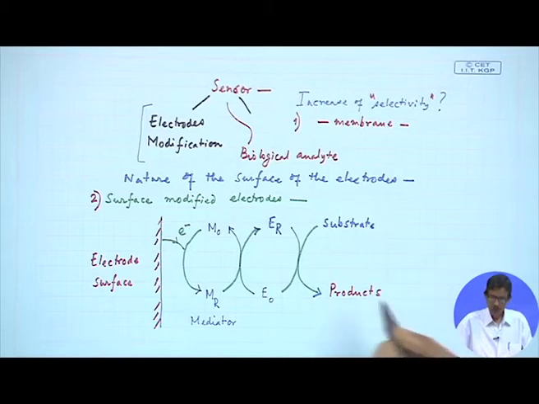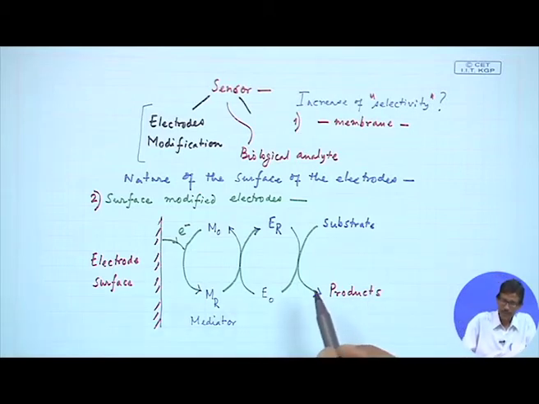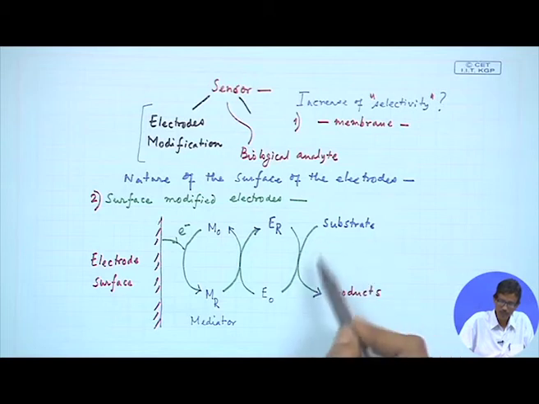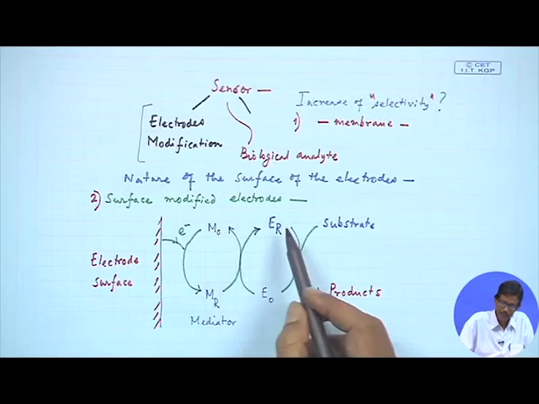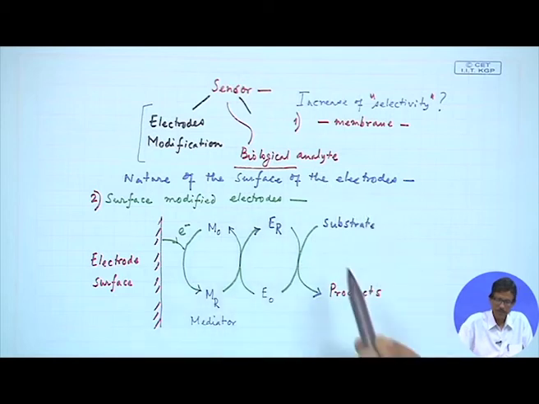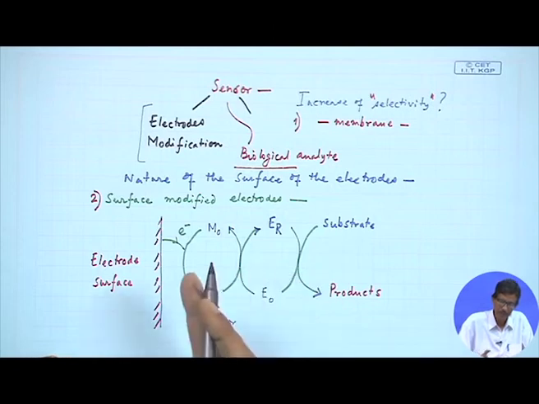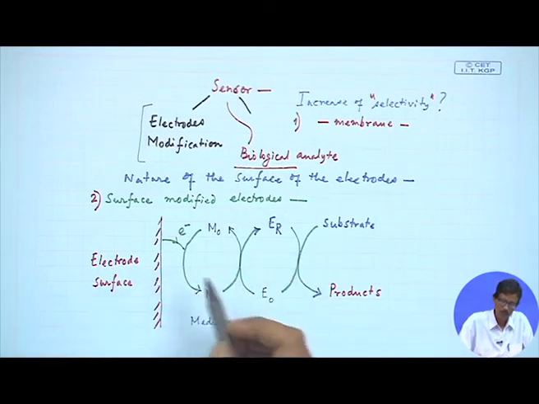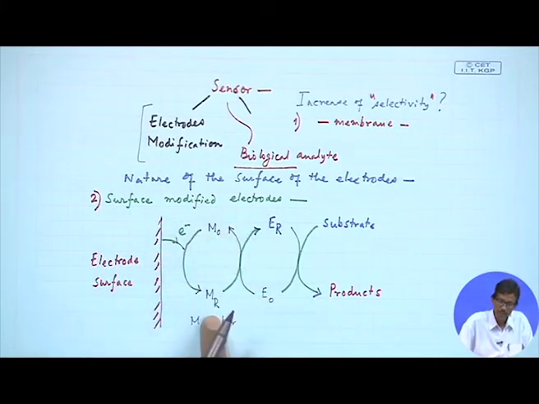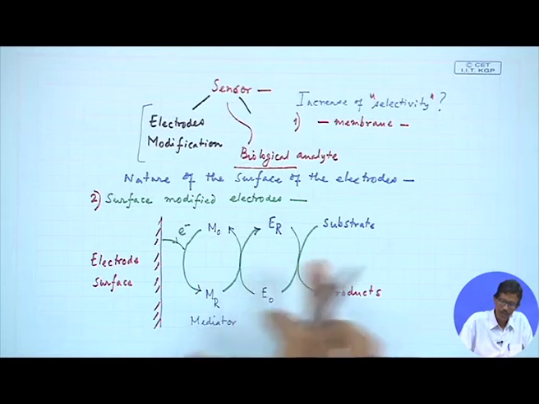So, these electron transfer reactions are very much important to know, because these electron transfers can directly go to react with our substrate for product conversion, or it can be mediated by some enzyme. So, that is why we will be handling the biological system. Some very selective enzymes we can use also. An enzyme can be anchored and put on the surface of the electrode, without the presence of the mediator, only the enzyme.